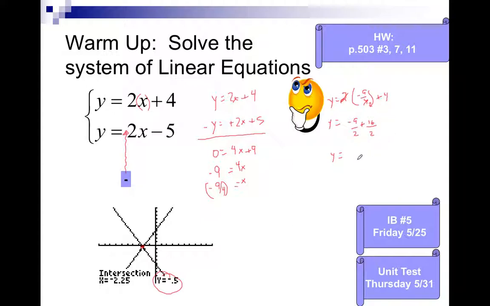Negative 9 halves plus, plus 4, dippy. 4 is not 16 over 2. 4 is 8 over 2. And therefore I get negative 1/2. So when x is negative 9 fourths, y is negative 1/2, that point x, y satisfies both equations. If you were to plug that same x and y into both equations, you'd get truth. And when you graph, that is the point that lies on both the lines, right?